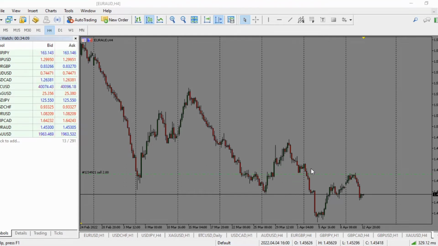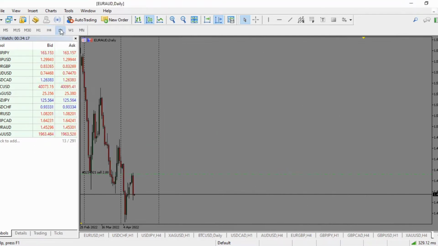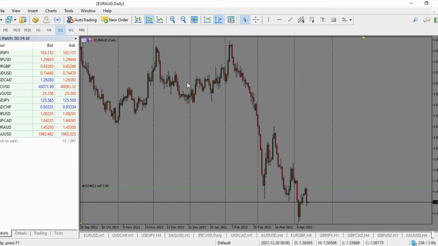Since it's a long trade, like a 100 pips trade, we like to look at the daily to see what is going on there. If you go to the daily, you will notice that we have a daily low around here where the market retraces up. We marked that area, and that area is very, very important.